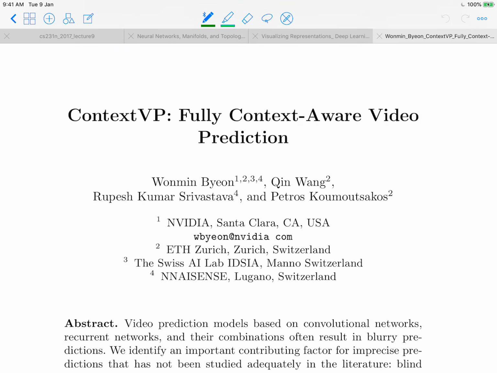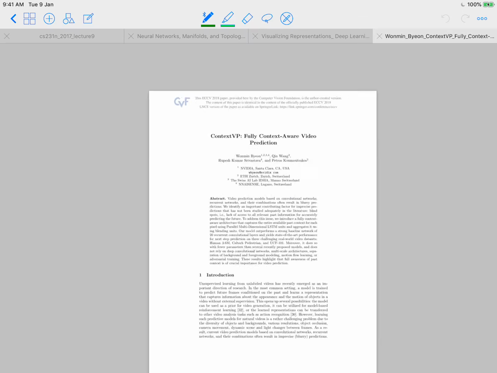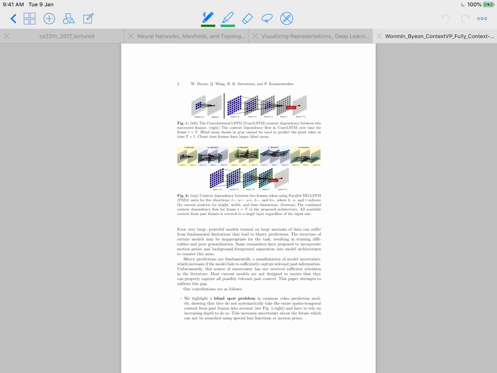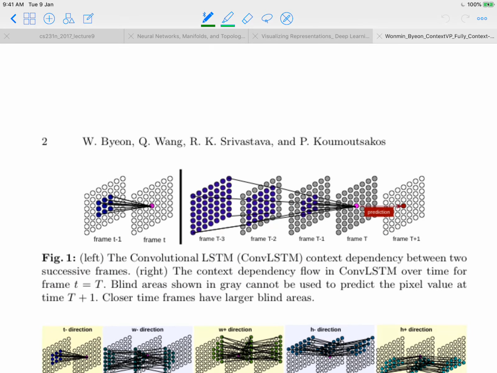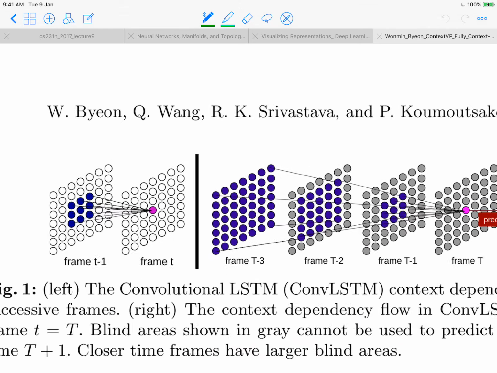I brought a paper, a video prediction paper. The task itself is not really relevant to our context, but I wanted to bring this figure.